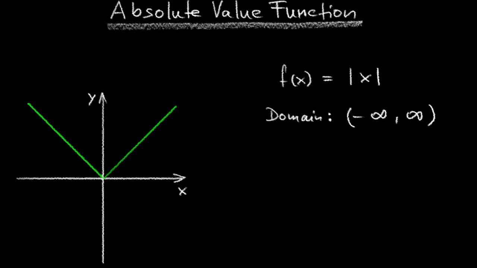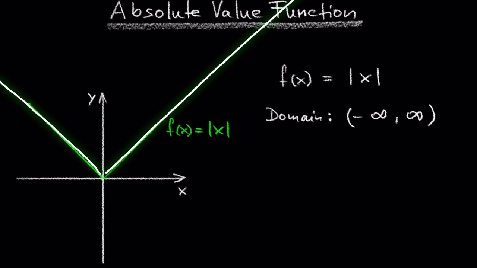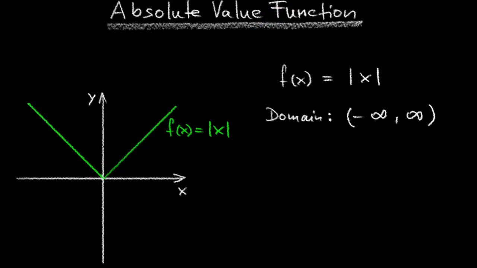Let's visualize that with the graph of the absolute value function. This line and this line goes on and on forever. Which means that every x without restriction has a partner y.